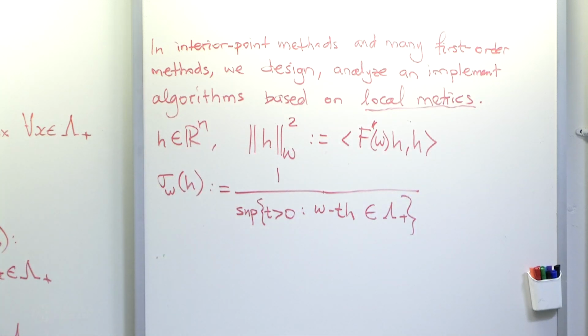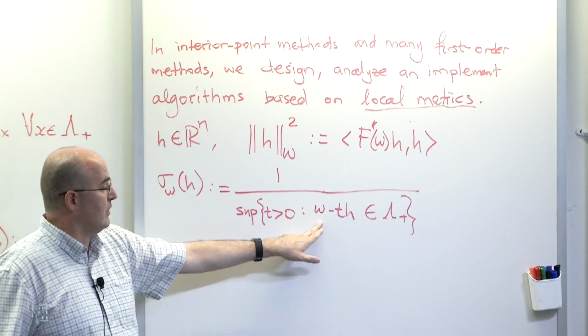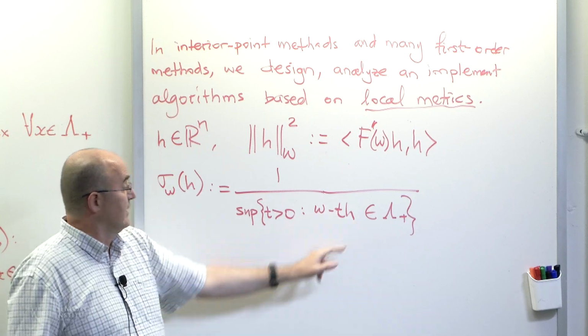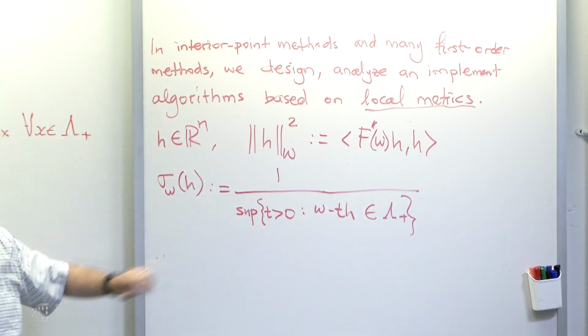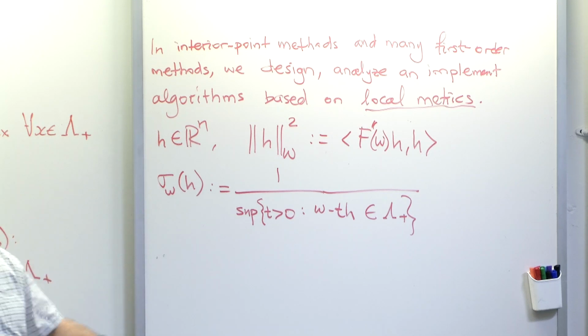So you're sitting at a point W, and you're looking at a direction H, and you're trying to find what is the largest step I can take from W in the direction of minus H so that I stay in the cone. And the smaller the sigma, the larger the step you can take with respect to H.